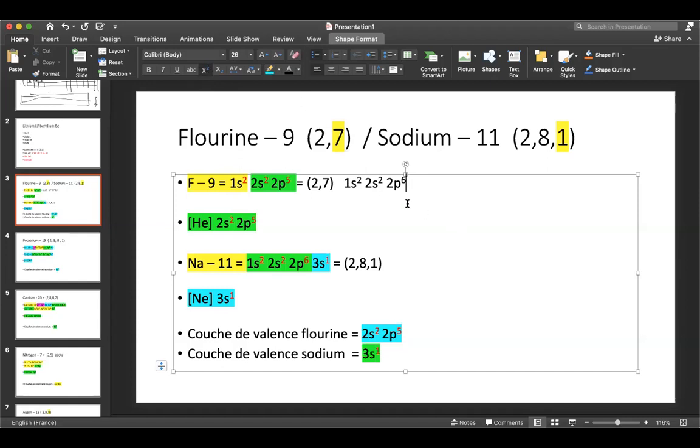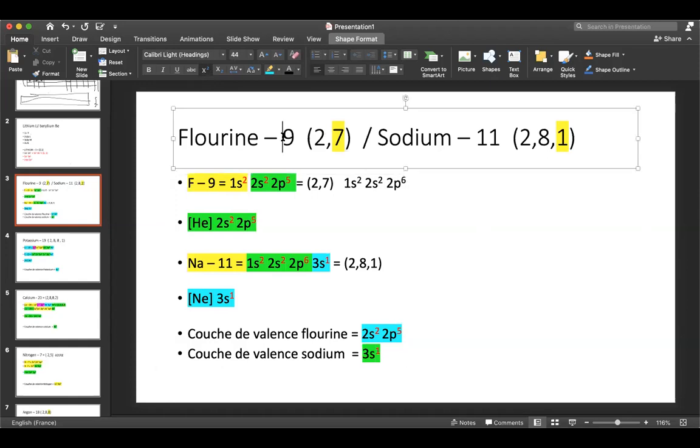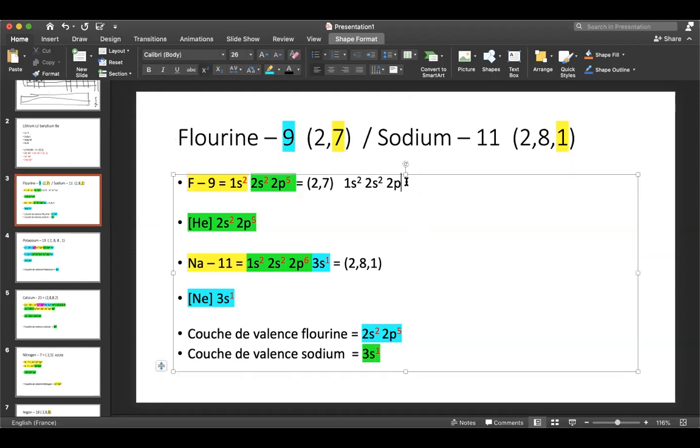If you add everything here, 2 plus 2 is 4, plus 6, you're going to have 10, which is not in accordance with this here. The number of electrons that fluorine has is 9. Therefore, it's going to be 5.